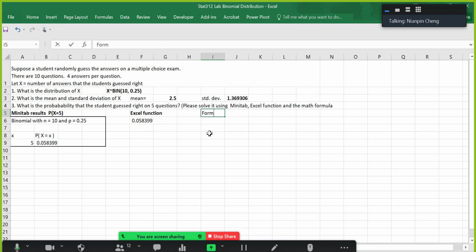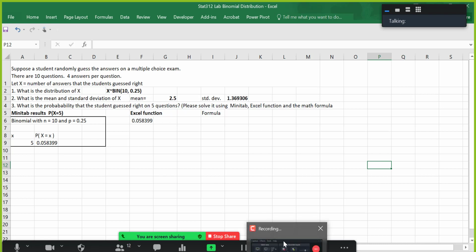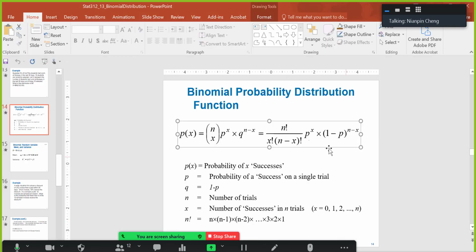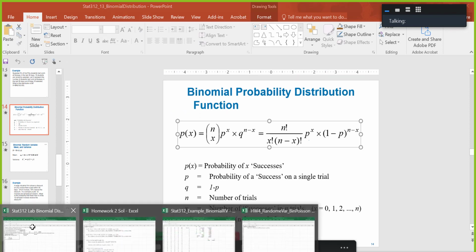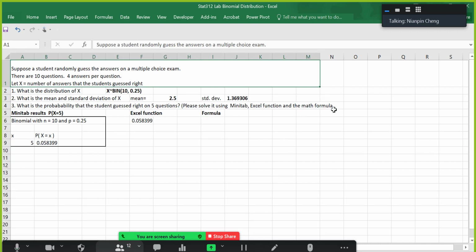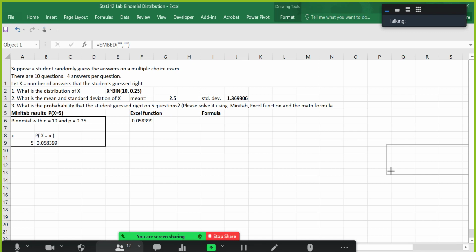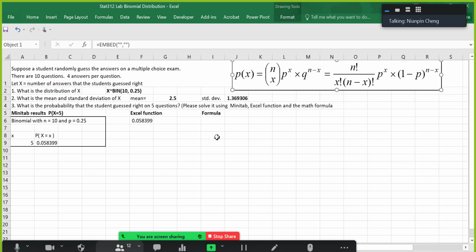Another is the formula. You need to find out what the formula is and then plug it in. So we can go back to see the formula here. This is the binomial distribution formula. You can copy and paste it back, just for your reference. We put it here.